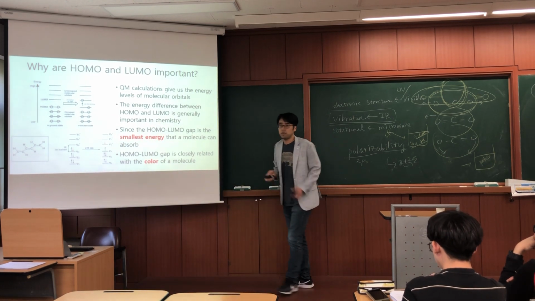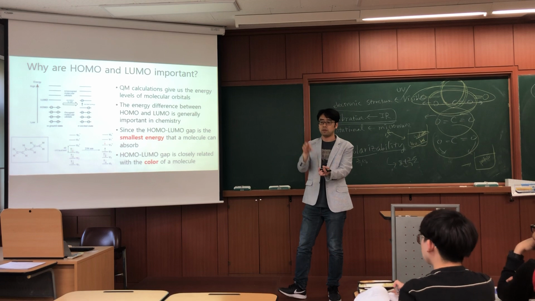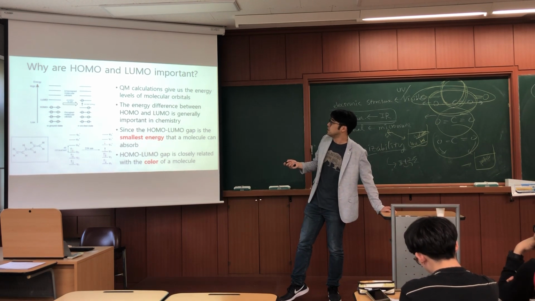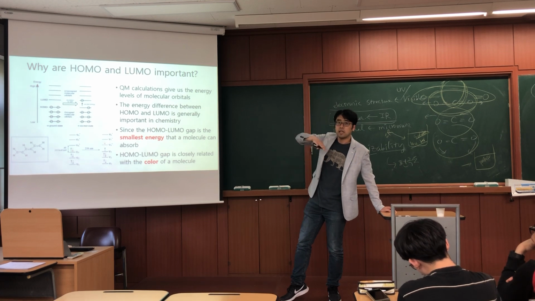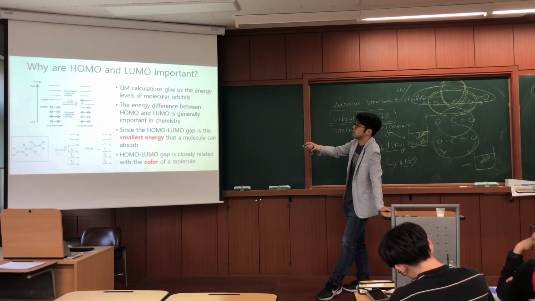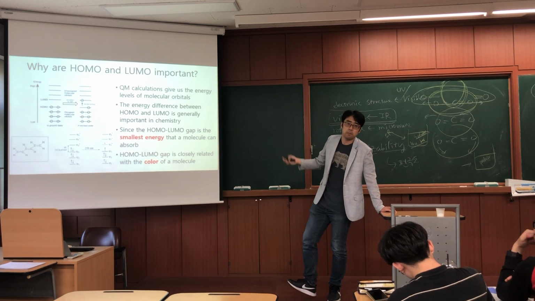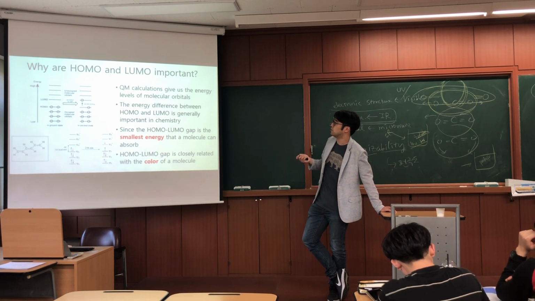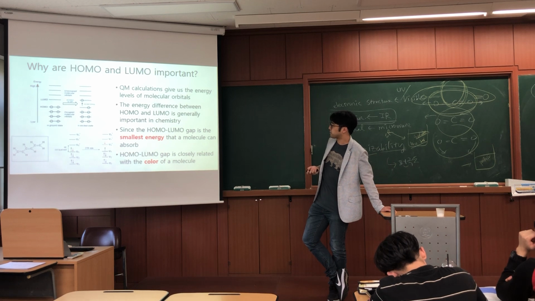Usually, if we give some energy to a ground state molecule, the easiest and first change that can happen to the molecule is the transition from HOMO to LUMO, right? This transition has the smallest energy, so it can happen most easily. So that is the most common transition we observe in chemistry, right?